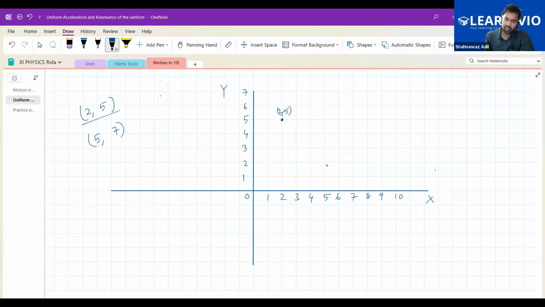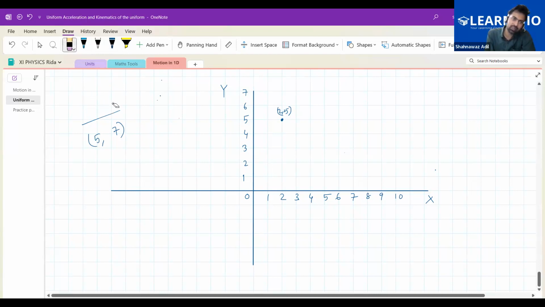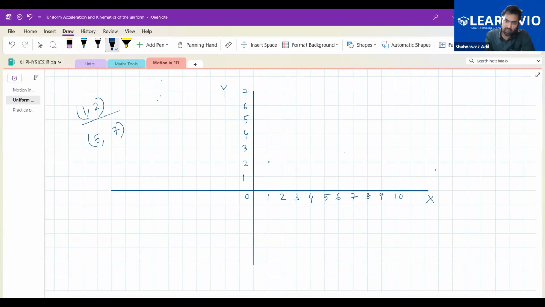And now we have 5 comma 7. So 5 is this one. Let me pick 1 comma 2 instead. I'm just picking some random numbers. So let's say this is 1 comma 2, and then 5 comma 7, this is 5 and this is 7.